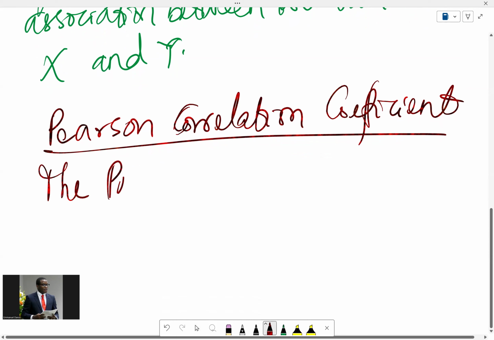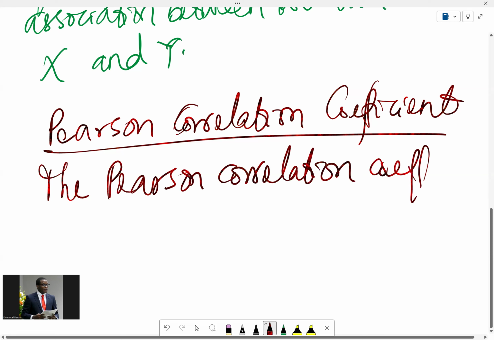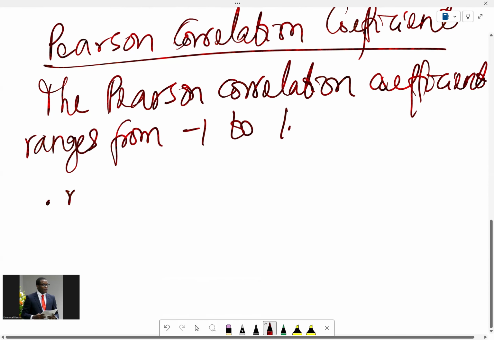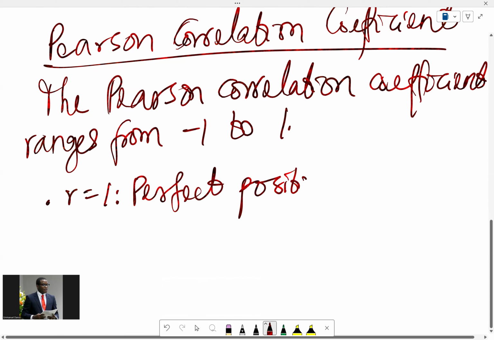The Pearson correlation coefficient ranges from -1 to 1, such that when R is equal to 1, you have what you call a perfect positive linear correlation.